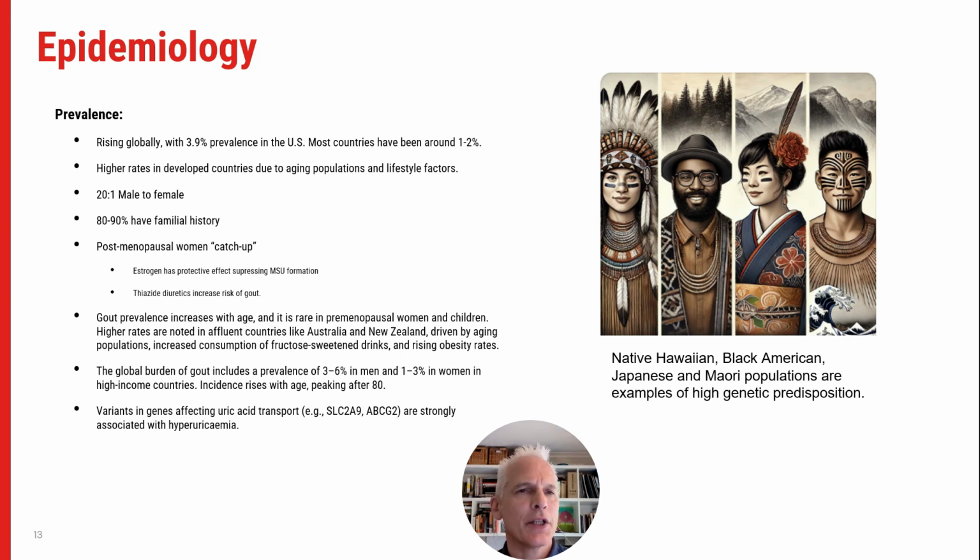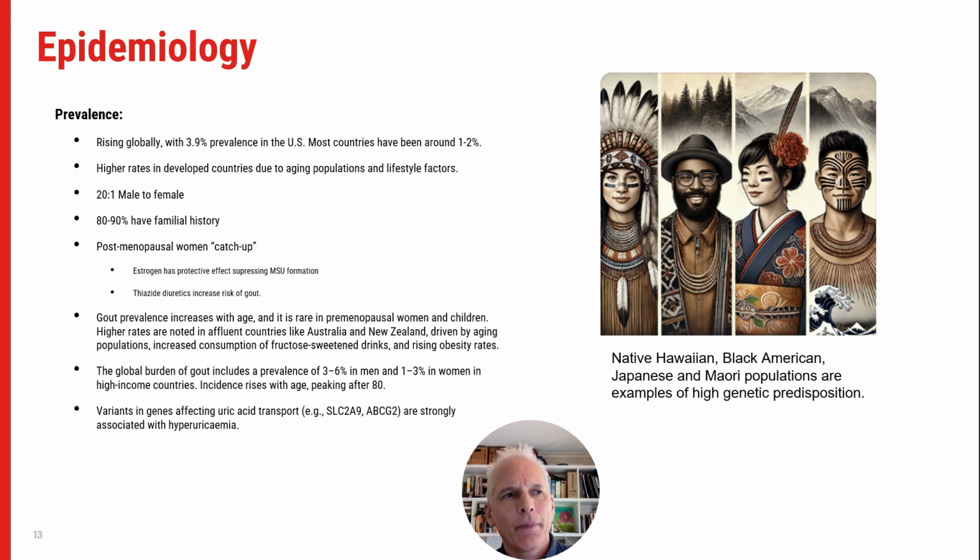Now, if you look at the ratio of male to female, it's around about 20 to 1. So primarily gout is going to affect males far more than females. So again, when you have that patient who comes in with monoarticular inflammation, if they're female, you're more likely to question the diagnosis of gout because it really does affect females less often.